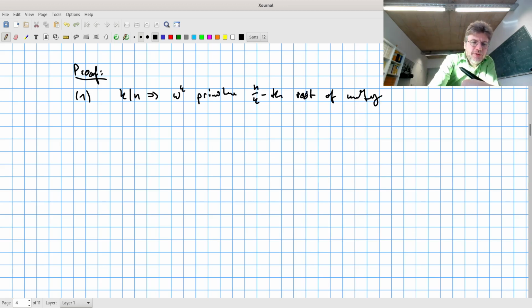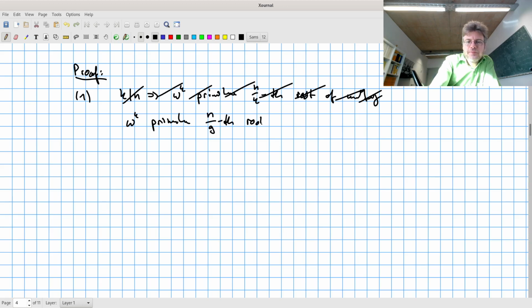Let me generalize this a little bit because it's almost free of charge, and say regardless of whether k is a divisor of n or not, omega to the k is always a primitive root of unity, but for the order n over g root of unity. Primitive n over g's root of unity, where g is supposed to be the integer GCD of k and n.